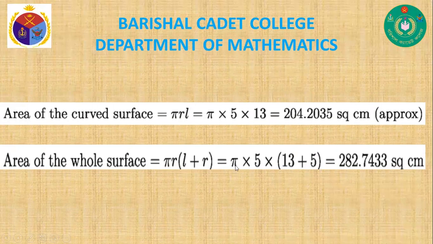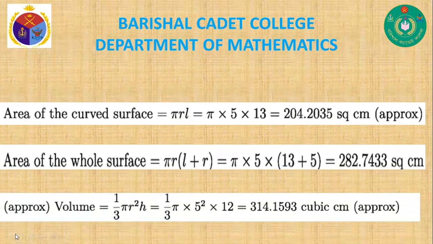What is the value of r? The value of r is 5. What is the value of L? The value of L is 13, plus the value of r. Then with the help of a calculator, we have calculated, and the result is 282.7433 square centimeters.